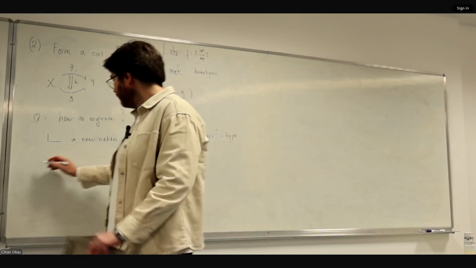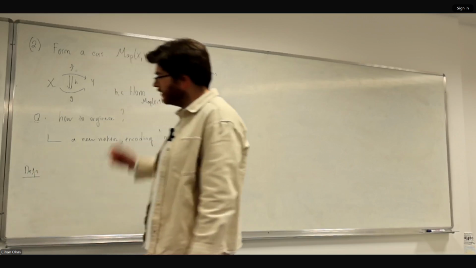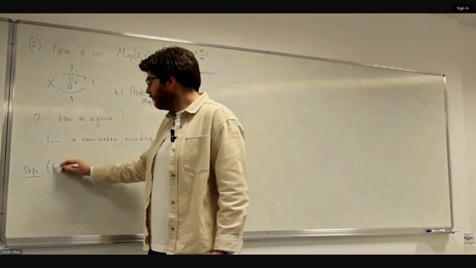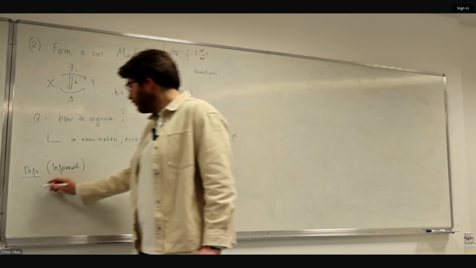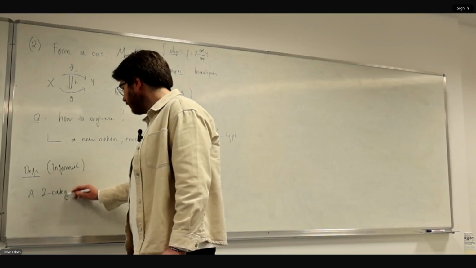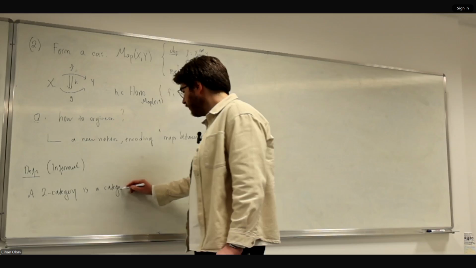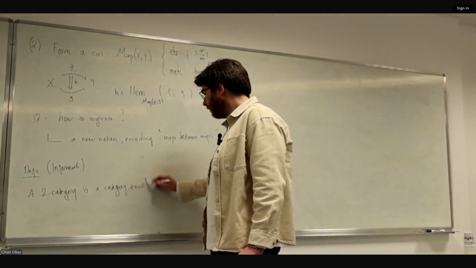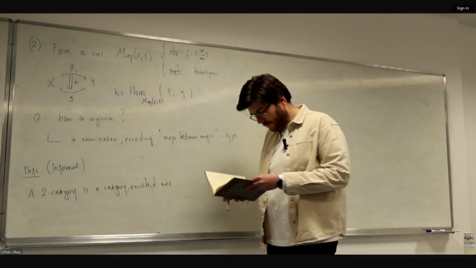And one way of doing that is introducing two categories. Therefore we have a definition, let's say informal. A two category is a category enriched over one categories.